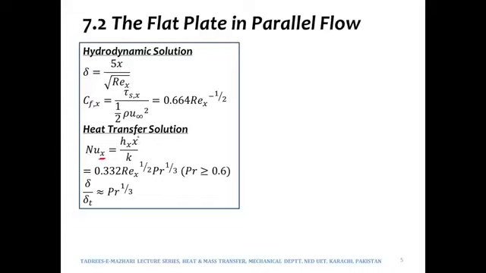So instead of having h or h bar, we are writing hx. So if it is a local Nusselt number, it would be local convection coefficient times x, whatever x we are at. For example, if we are halfway along the length of the plate, x would then be L by 2, right? Over k. k would of course be the thermal conductivity of the fluid.